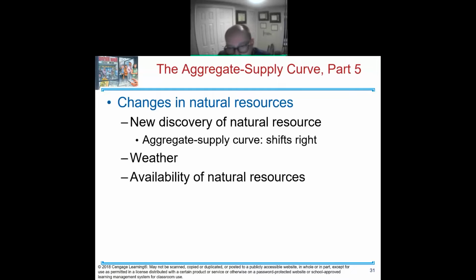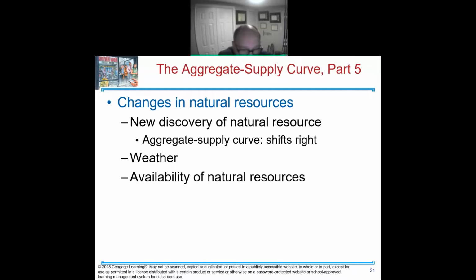If there's a discovery of rare earth minerals that we can use in the production of circuitry or microchips, that will, of course, drive the cost down, but an increased supply will also shift the supply curve. When there are changes in weather due to climate change, that will shift the supply curve.